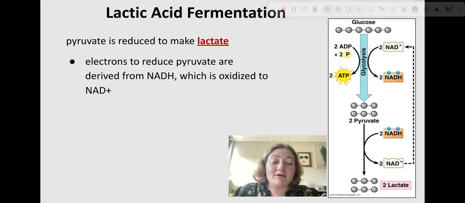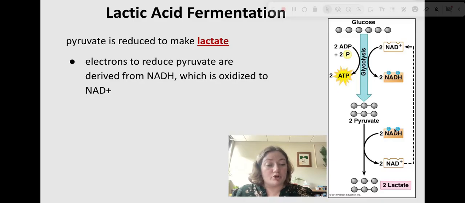Now, the reason pyruvate is going to change into lactate is because this process of taking pyruvate and making it into lactate will regenerate our molecule of NAD+. We've created some NADHs here. We're going to take some of those NADHs, because remember, we don't want high levels of them, and we're going to oxidize them.